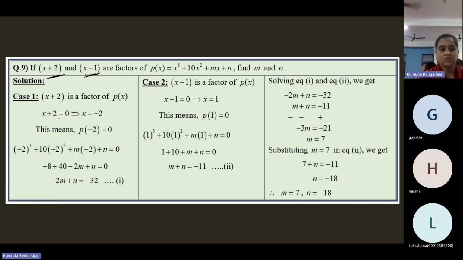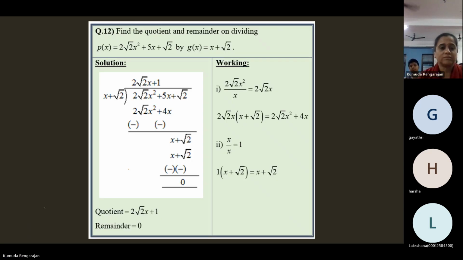The factors are given. So you'll equate the factor to 0 and find the value of x. And then you know the process. Here the value of x is given straight away.